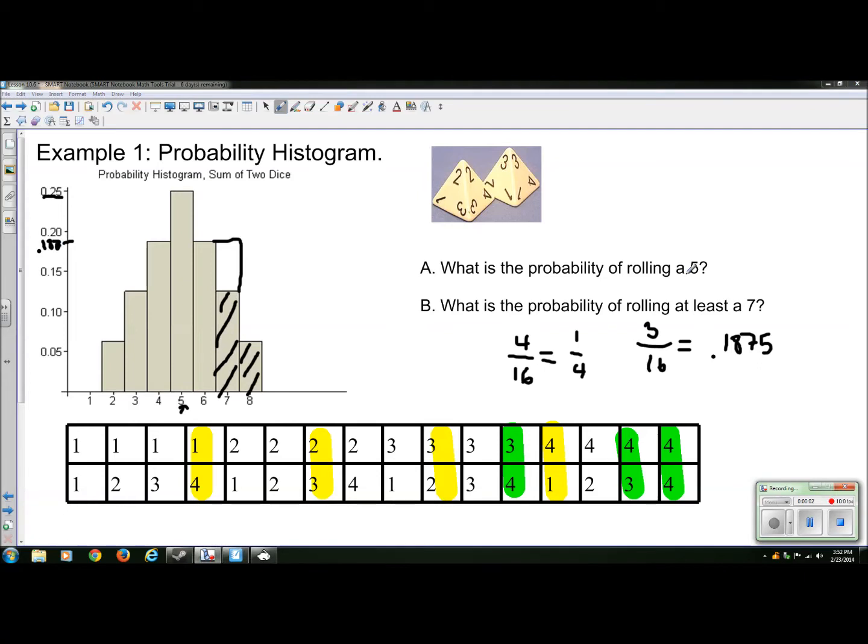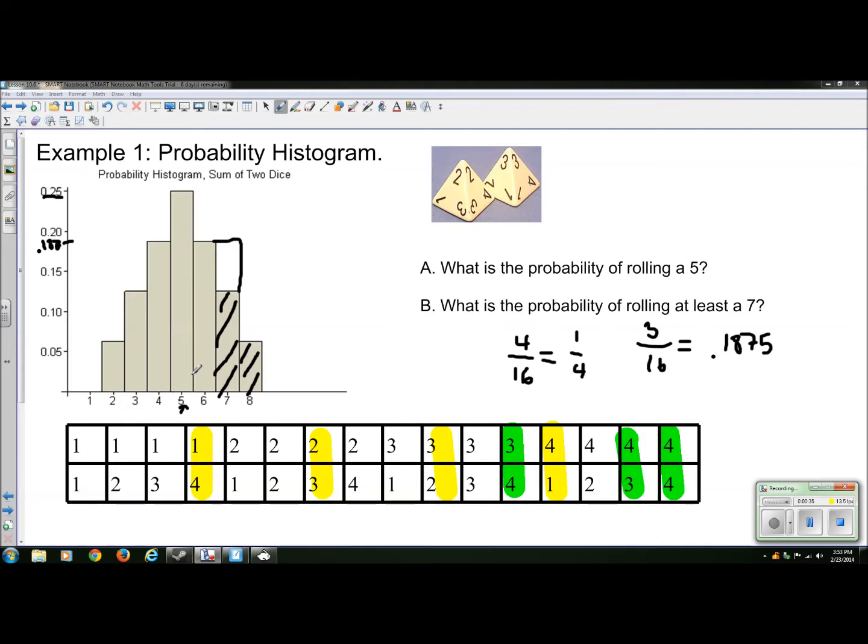One more thing we should mention about the probability histogram is we just want to verify that the probabilities of these events, when you add them all up, give you 1. And so I know that this one here is 0.875, and I also know that when I add these two together, I get 0.875. And in fact, if we look at this histogram, I can see that this is as tall as that. In other words, the probability of getting a 3 is the same as the probability of getting a 7.